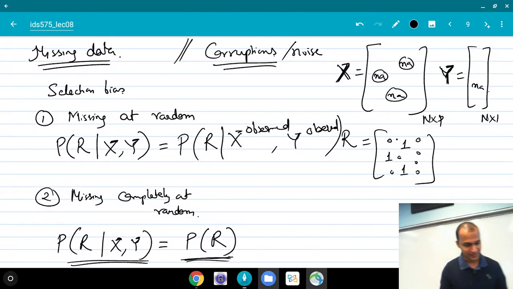Okay, so here is an example. What is the example? Yeah, so this is a good example. If a patient's sickness measurement was not taken because she was too sick, okay, that's an example where it's not missing at random.